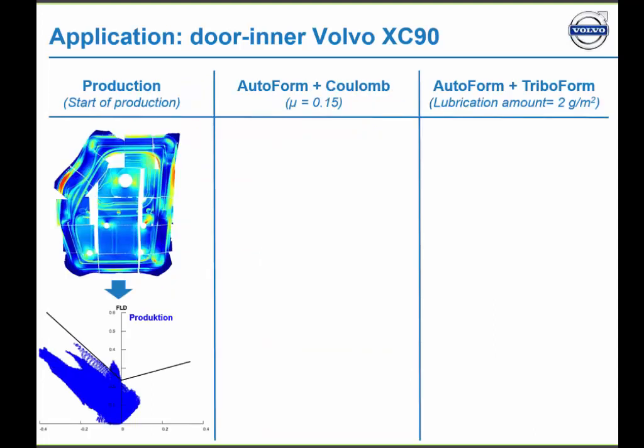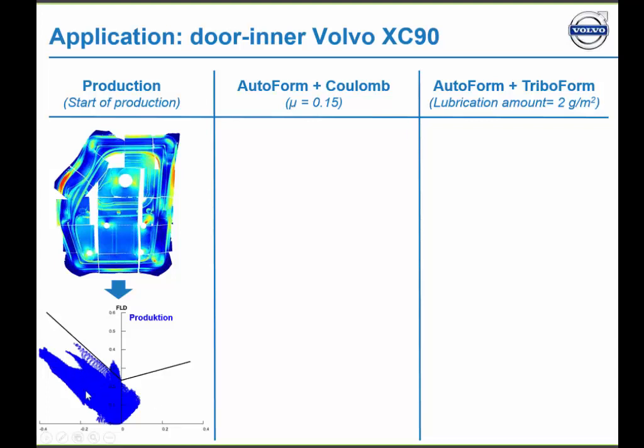If you look at the start of production, they took out the part. Beforehand, they had applied a grid to the sheet material to do the strain measurements afterwards. Here you see a figure of the strain measurements, and you also see the corresponding FLD represented by the blue dots.